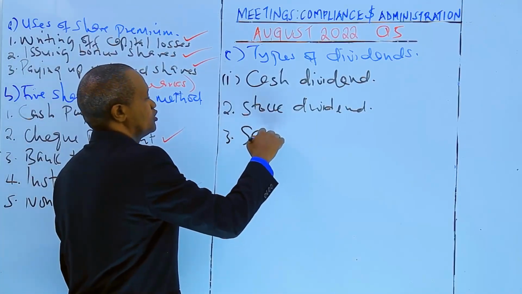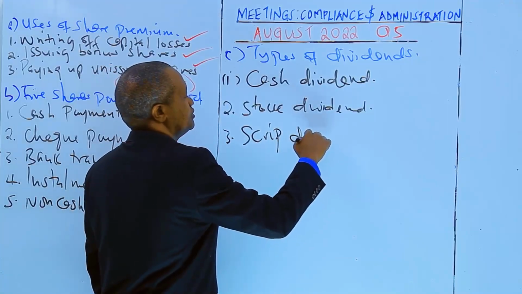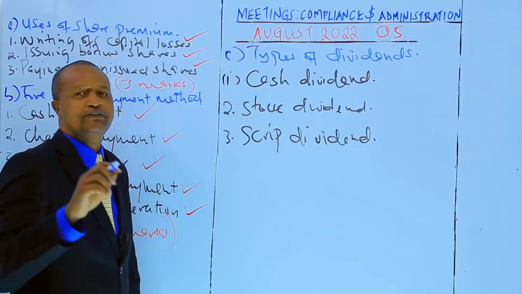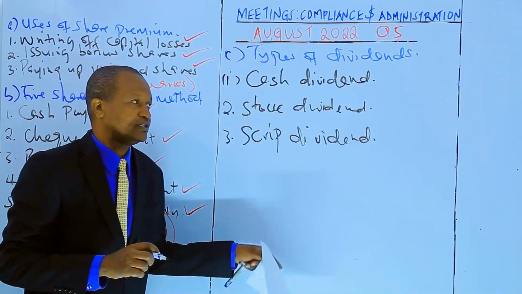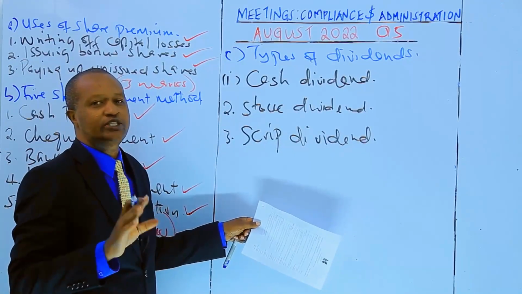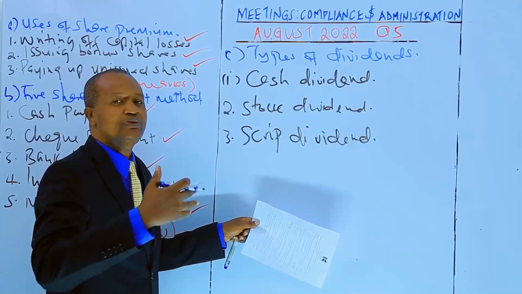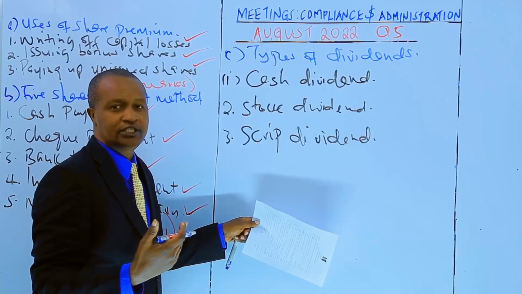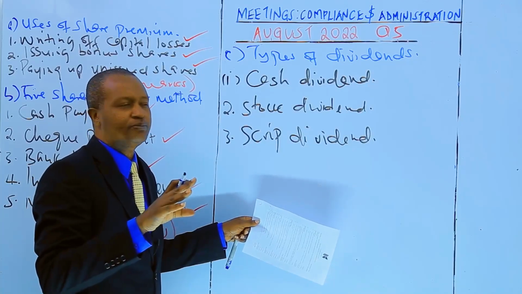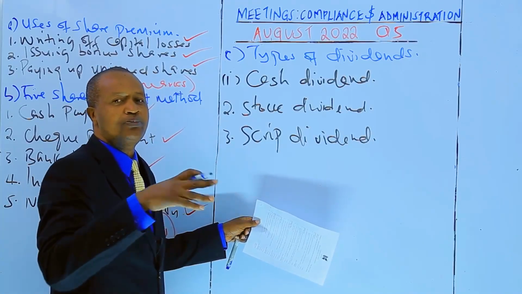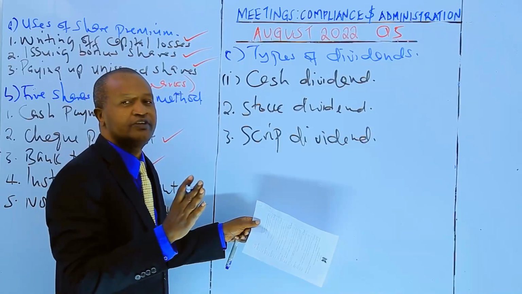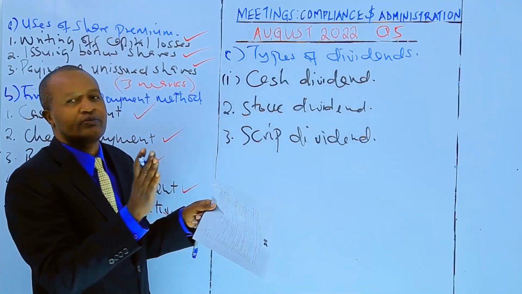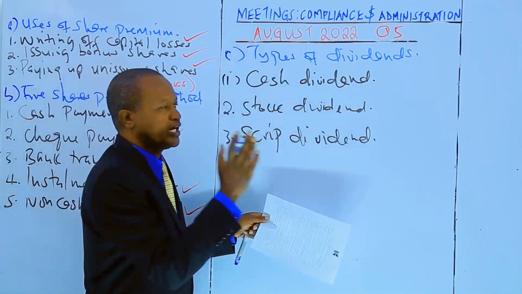3, there is what we call scrip dividend. Now, scrip dividend is similar to a stock dividend where the company issues additional shares to shareholders. However, in a scrip dividend, the company provides shareholders with the option to choose between receiving additional shares or cash.